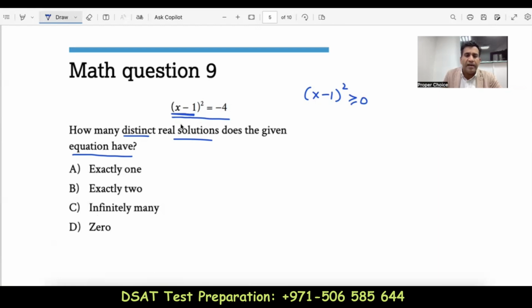Because it's entirely getting squared. So there is no value of x which makes this entire expression equal to negative 4. In that case, I should say there are zero distinct real solutions, because a positive cannot be equal to a negative, right? So this term cannot be negative. The minimum it can have is 0 or higher. So that's why we are saying there will be zero distinct real solutions.